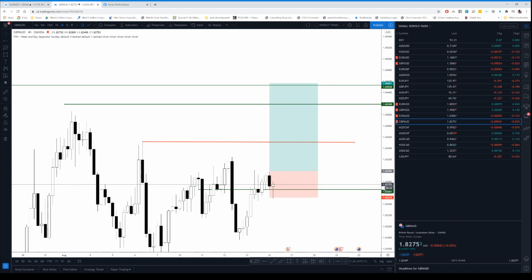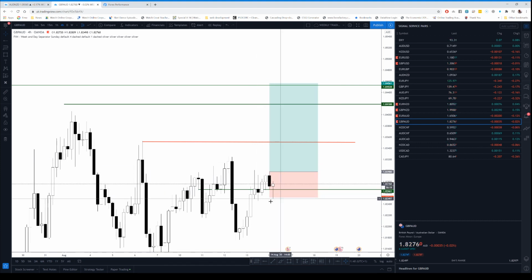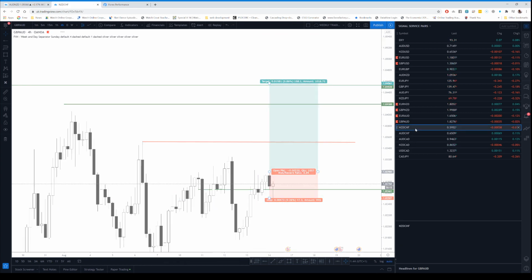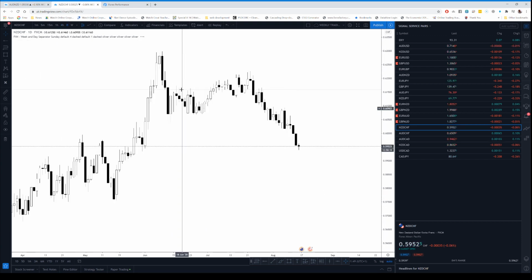On your 4-hour time frame, you've only got 58 minutes for this to go. So watch it and see if it's going to close above it. As soon as it does, boom, buy it, place your stop loss here. Now let's get to these guys.